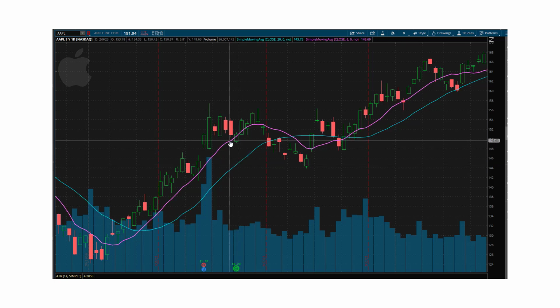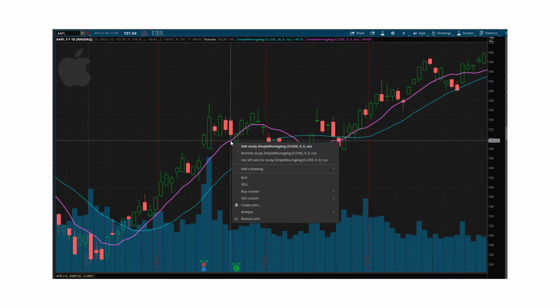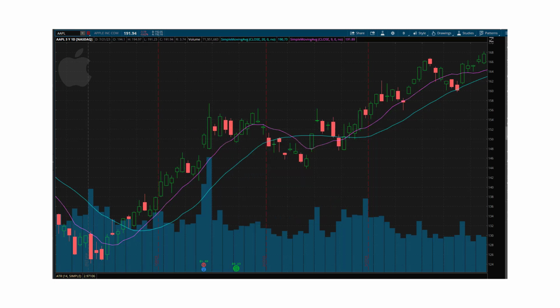For this other line that has a purple-ish color, it's also a simple moving average, but it's a 9-period moving average. So in this example, the 9-period moving average is the faster moving average. And what that means is as prices change, this purple line, the 9-period moving average, will respond more quickly to change its course to match that price activity than the slower moving average.